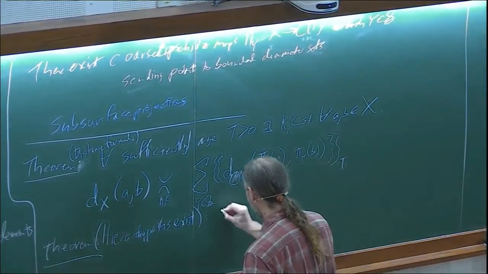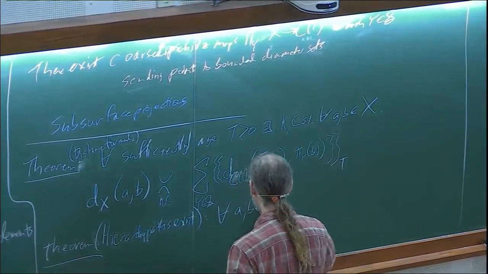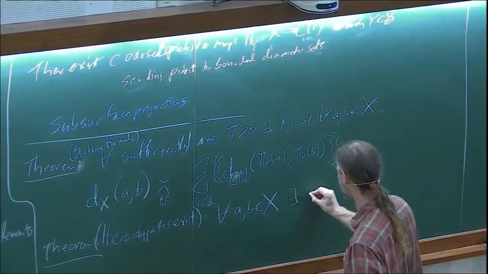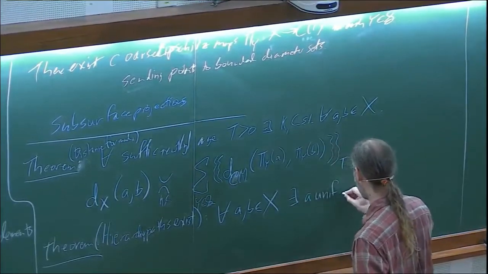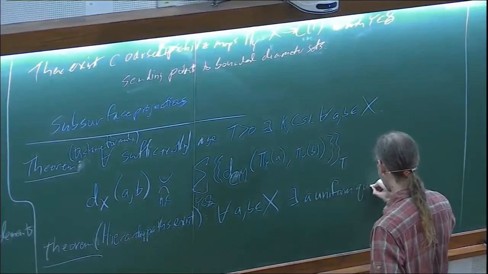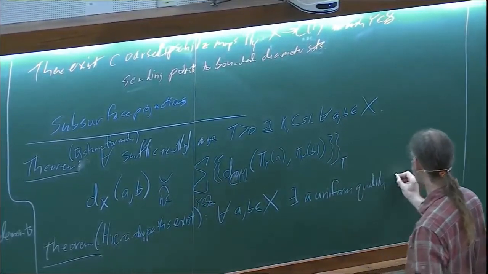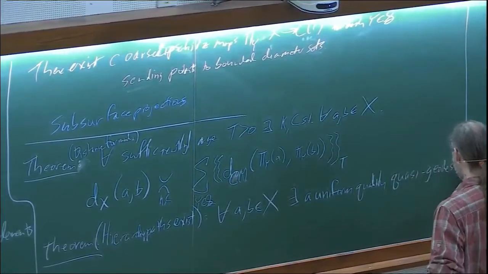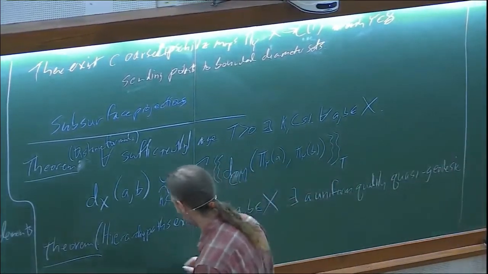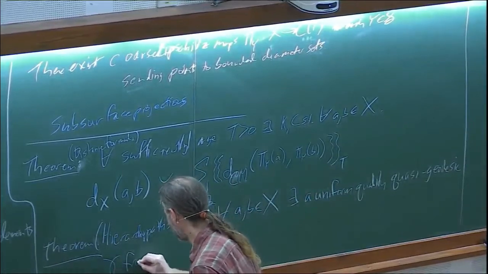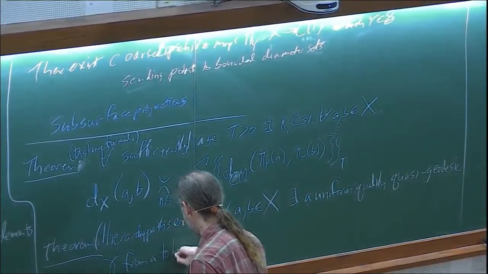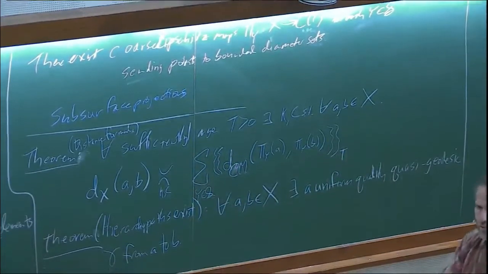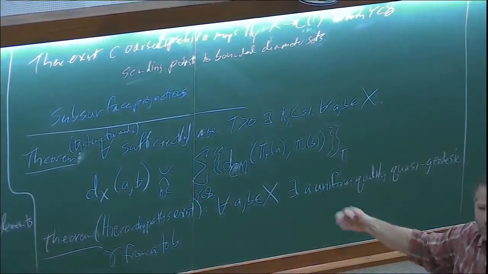For every A, B in X, there exists a uniform quality quasi-geodesic gamma from A to B. Okay, so you have this metric space, and there exist some nice uniform quality quasi-geodesics connecting any pair of points.